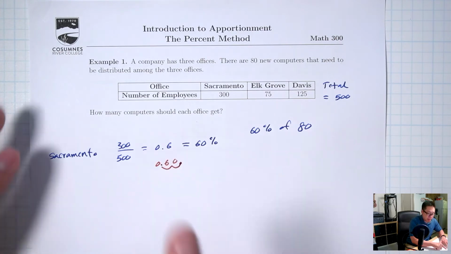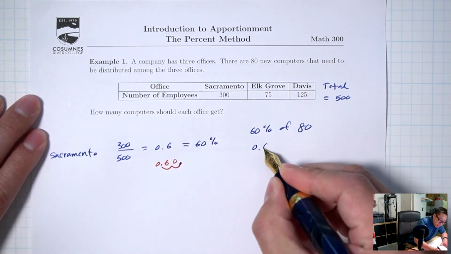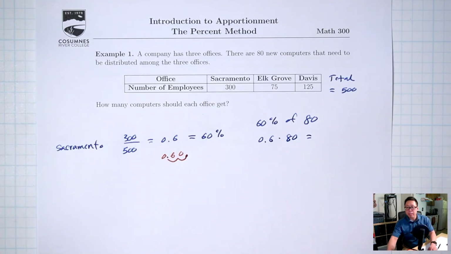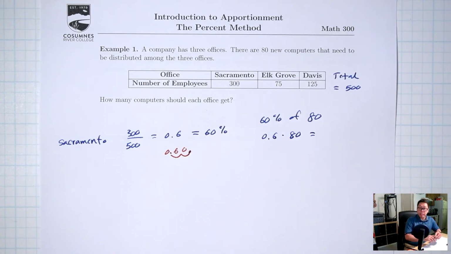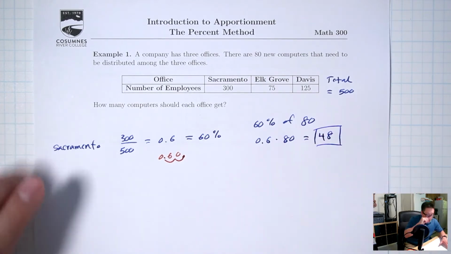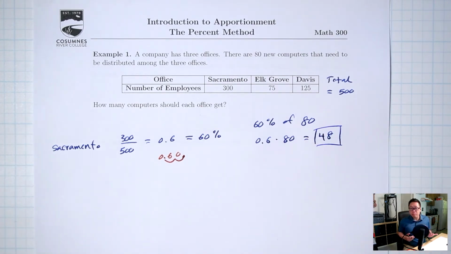So 0.6 is the decimal times 80. 0.6 times 80 is 48. So Sacramento should get 48 computers.